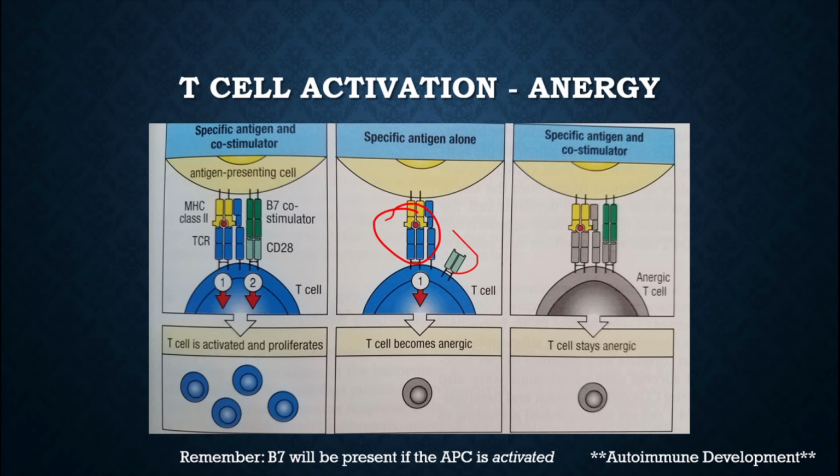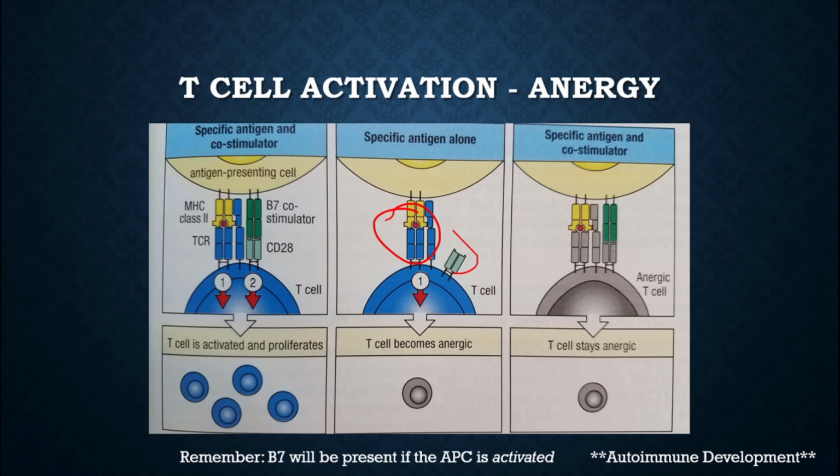And again, it's important because let's say, for example, that a dendritic cell, this one up here, is presenting a self-peptide. Remember I said that MHC2 presents anything that is phagocytosed? So if it happens to phagocytose a self-protein and presents it, you don't want T cells getting activated.